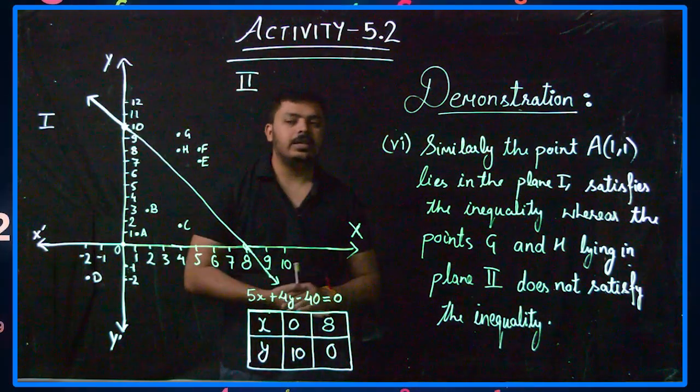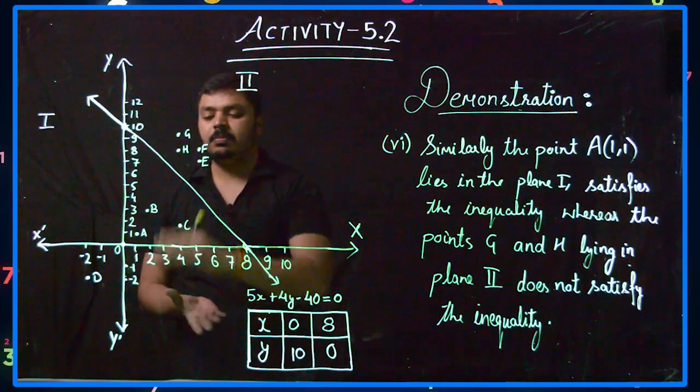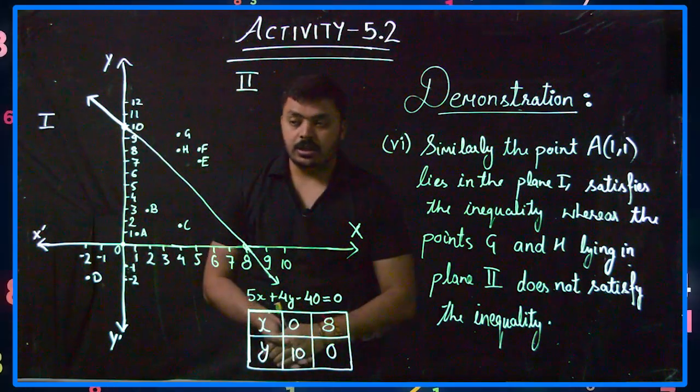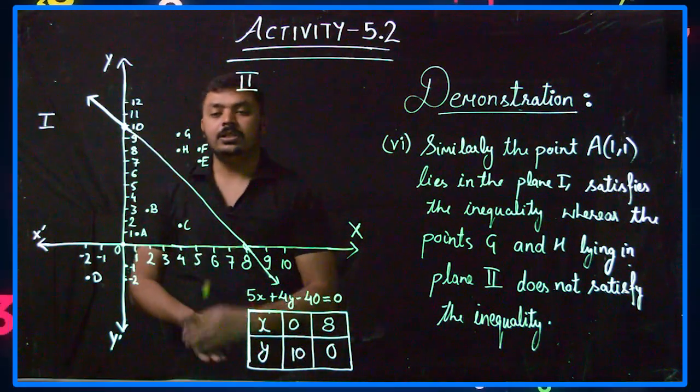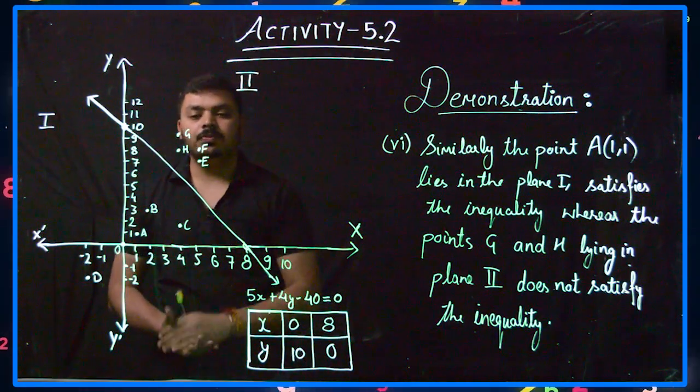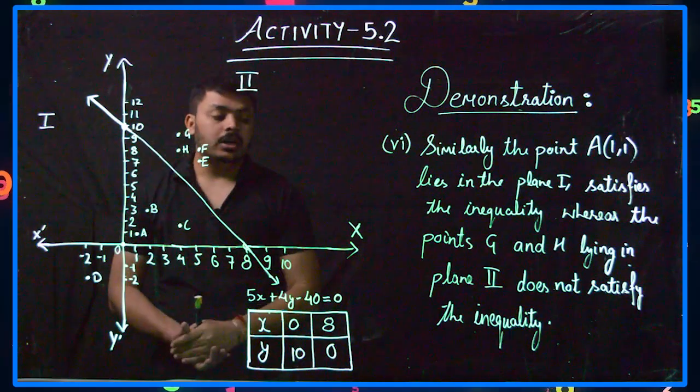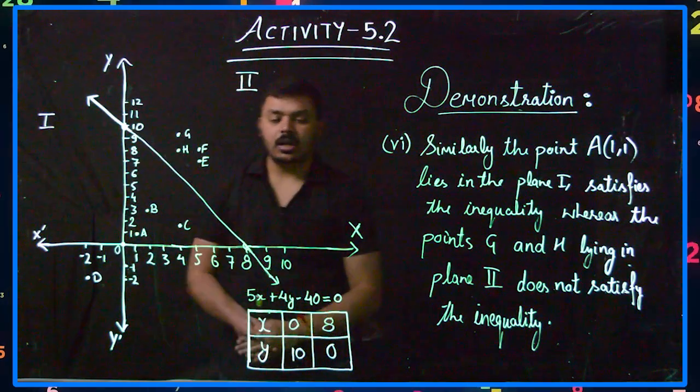So from this we derive that the points in the first plane satisfy the inequality, whereas the points lying in plane 2 do not satisfy the inequality.